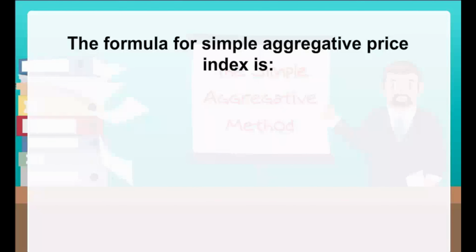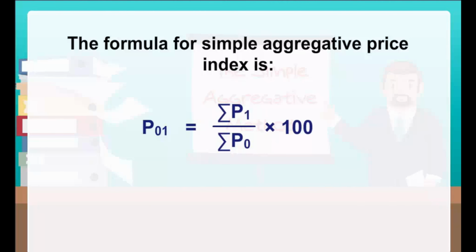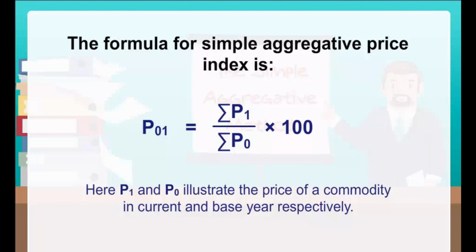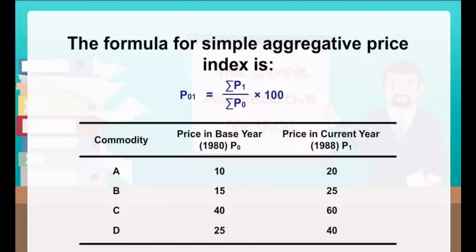The formula for simple aggregative price index is P01 equals the sum of P1 divided by the sum of P0, multiplied by 100. Here, P1 and P0 illustrate the price of a commodity in current and base year respectively. The aggregative method is an unweighted measure because it does not clearly reflect the relative importance of the commodities.